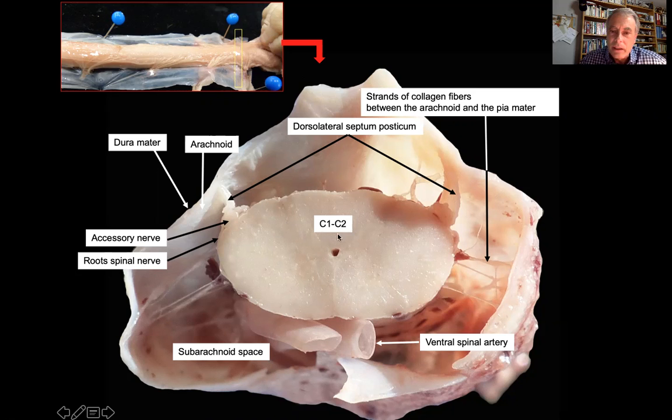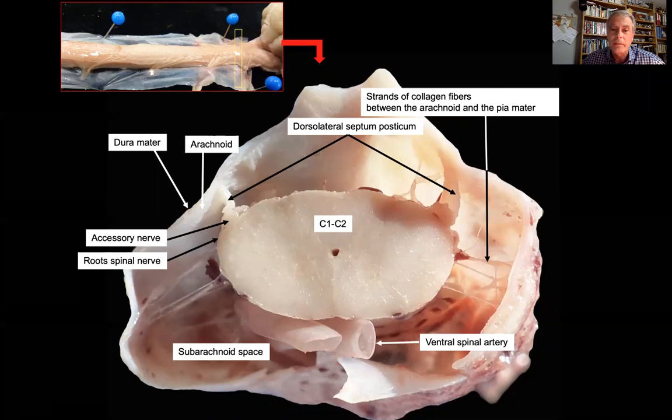And at this level, you see, we have discovered these structures on both sides. They are quite short. They are just located at this level. And I have no explanation for it. Maybe it's to allow the circulation of the CSF at this space.